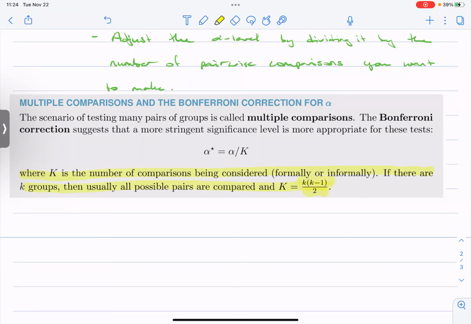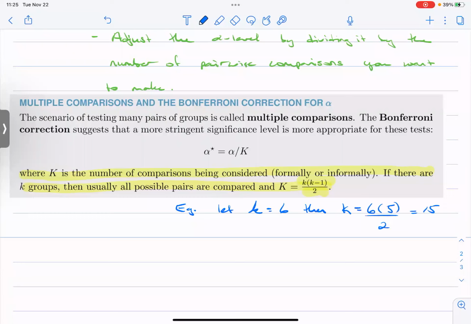The reason I wanted to give you this formula is because let's say you have 6 groups and you're trying to list all the possible pairwise comparisons. It's helpful to know how many pairwise comparisons there are. So, for example, if I let k be 6, then the number of comparisons is going to be 6 times 5 divided by 2, which is 15.